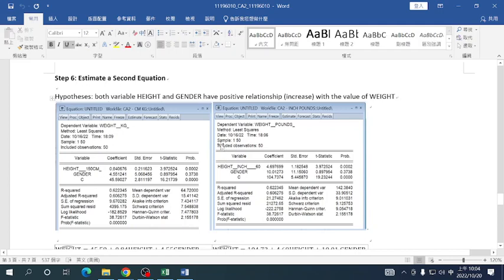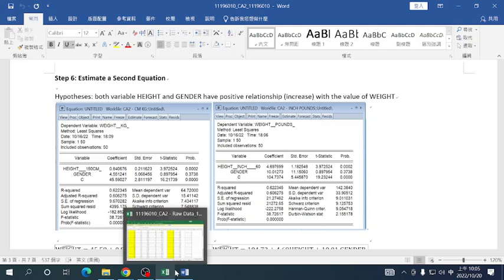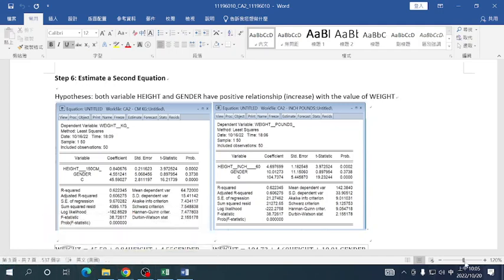We don't have inches? No, centimeters. Therefore, it's this one, right? So I should have alpha 2 equal to gamma 2. Then can you show this one? Do you have this output? No, we don't have it. Okay.